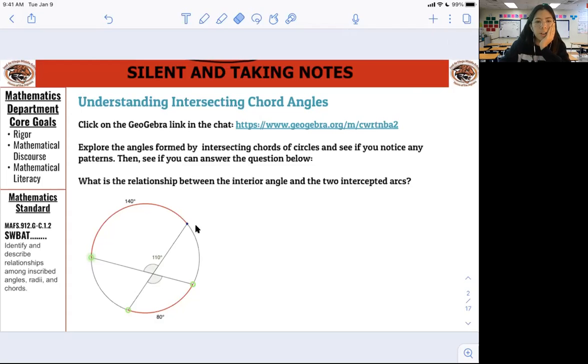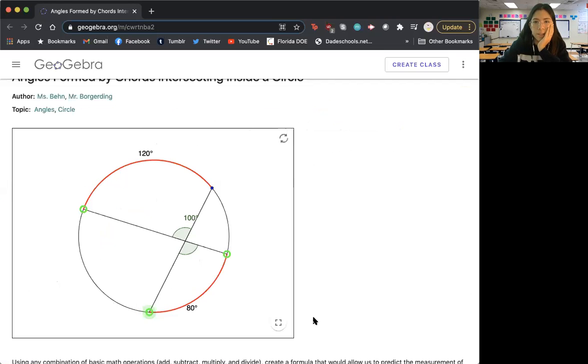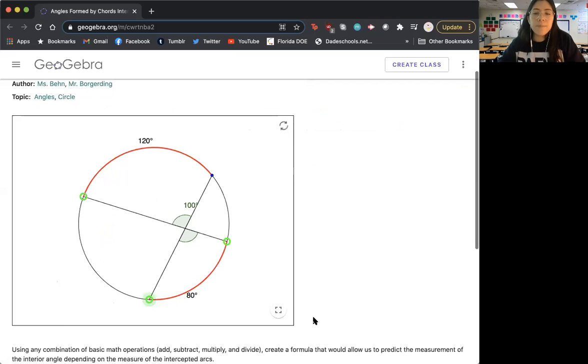All right, so start to come back over to the Zoom screen, and I'm going to share the same website. At first, I thought that moving that green thing on the right affected the size of the angles.